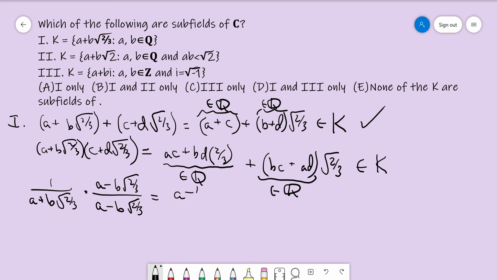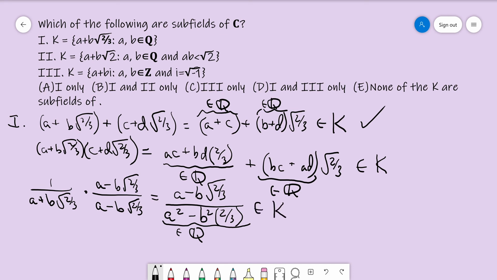So that's going to give us a minus b root 2/3 all over a squared minus b squared times 2/3. Well, a squared minus b squared times 2/3, that's all going to be a rational number. So a divided by that is also rational, and minus b divided by that is also rational. So this is also an element of K because it's a rational plus another rational times root 2/3.